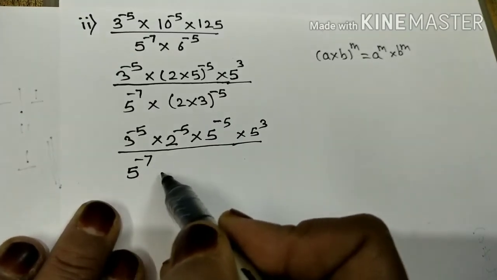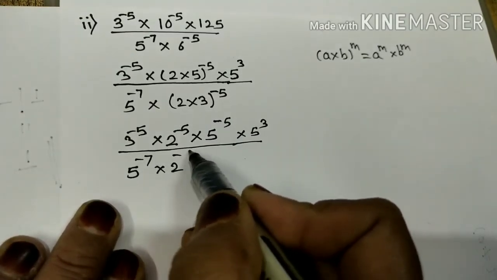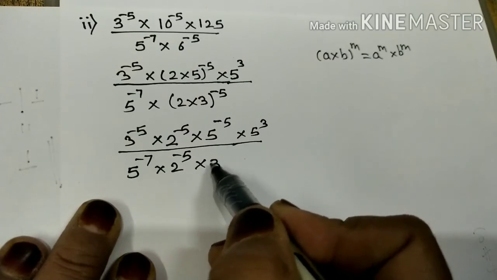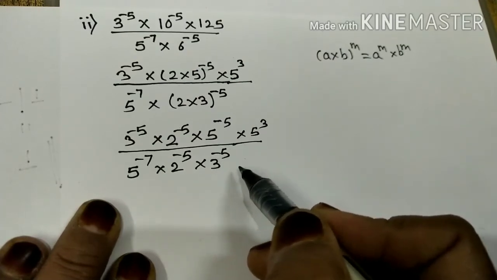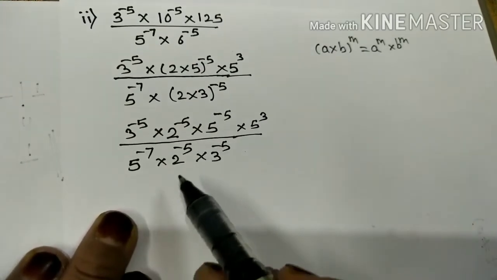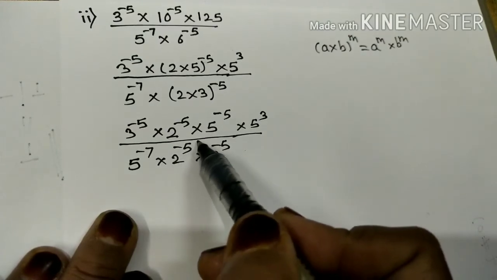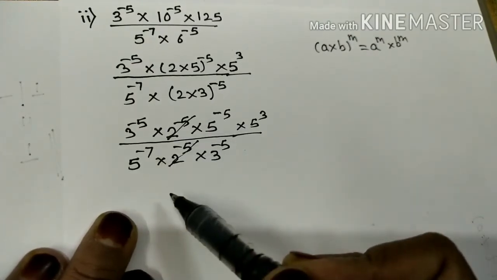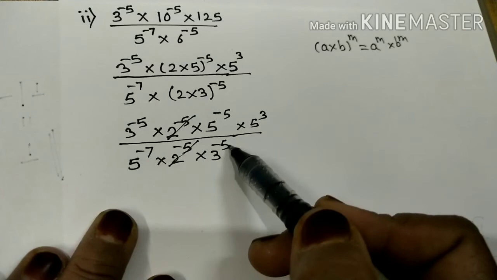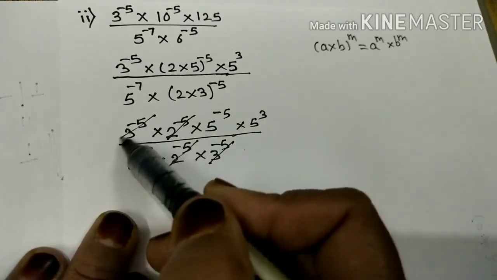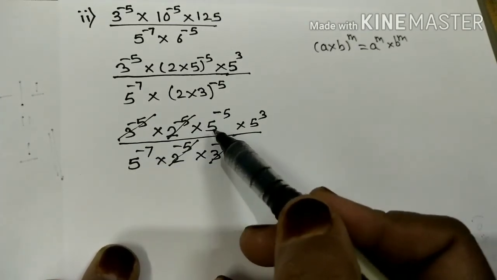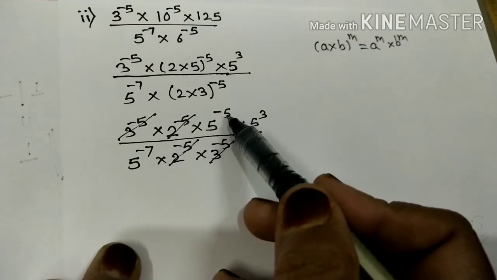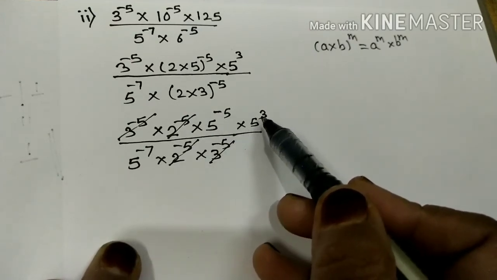Similarly, here 2 raised to minus 5 into 3 raised to minus 5. Now you can see here, this 2 raised to minus 5, 2 raised to minus 5 get cancelled. Similarly, 3 raised to minus 5, 3 raised to minus 5 get cancelled. Now what remains here, 5 raised to minus 5 into 5 raised to 3.